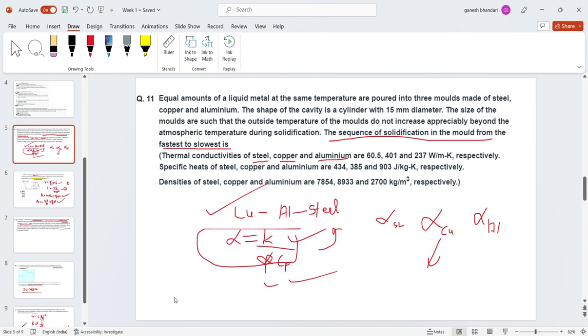Because each element is different. Sometimes you might feel why I just need to mug up these things, but that is not the thing. When you see the cooling behavior of those curves, every element behaves differently, similarly like every individual human being is different. So you will study their phase diagrams as well as their cooling behaviors. Then you will understand why it is so.